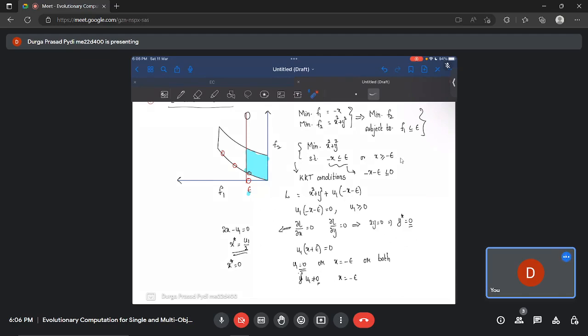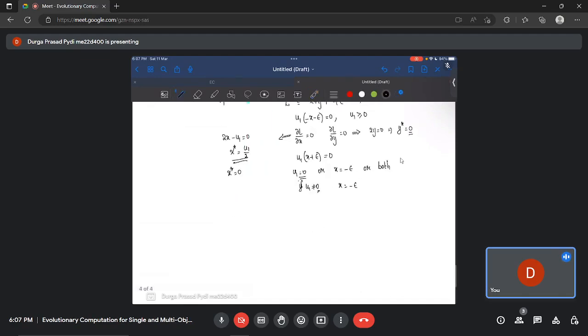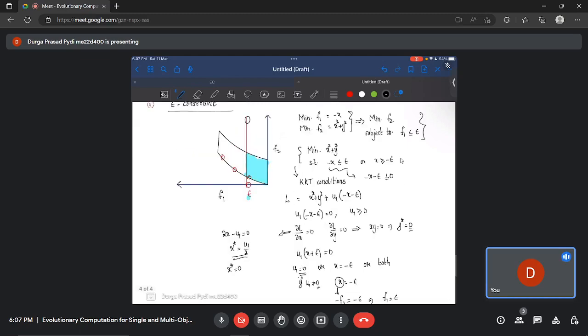In the second case, x star is essentially minus f1 equal to minus epsilon, so f1 equal to epsilon. That is our next point, this particular point. So when you solve this problem, you get two solutions, one at this boundary and one at that boundary. When you continuously vary the value of epsilon, moving this line around, you can keep on getting points.